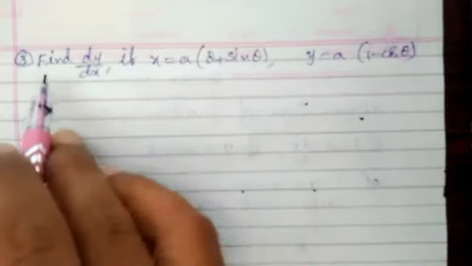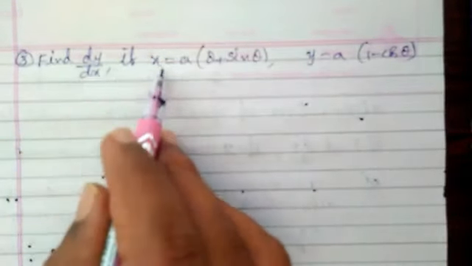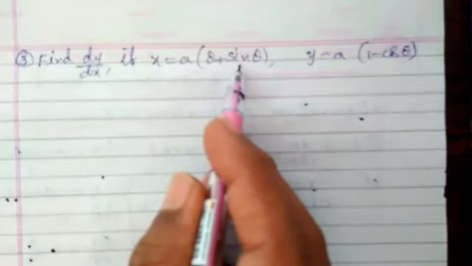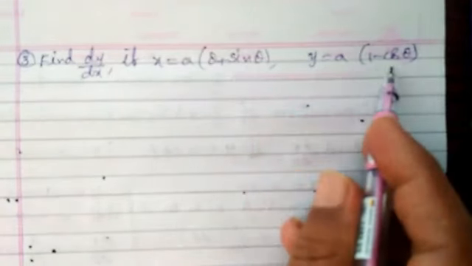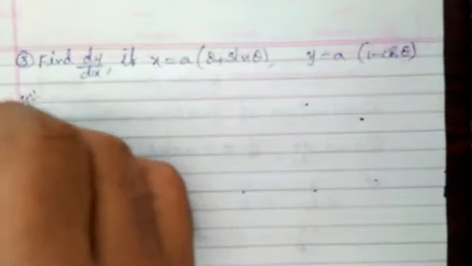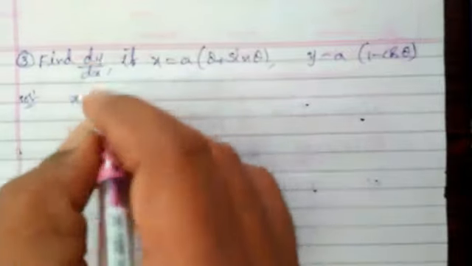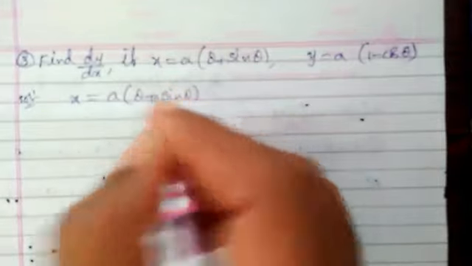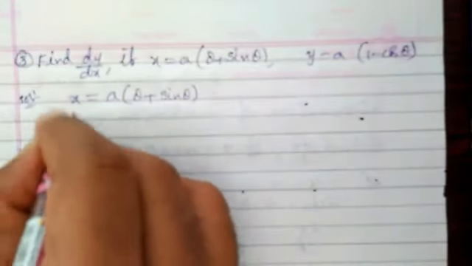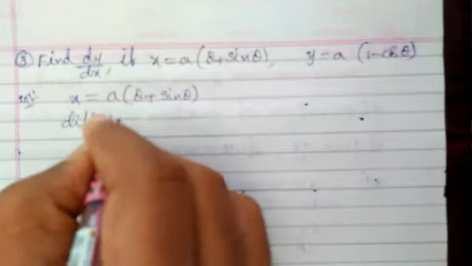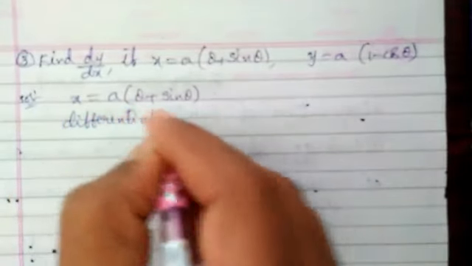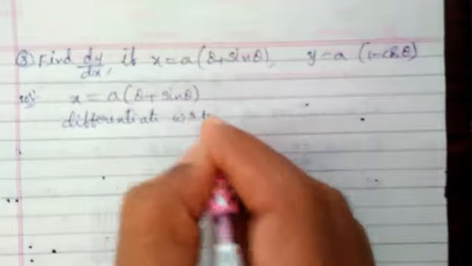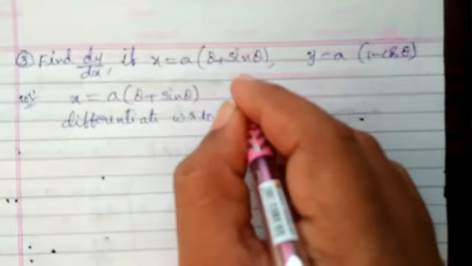The next one is find dy by dx if x is equal to a into theta plus sine theta and y is equal to a into 1 minus cos theta. First, x is equal to a into theta plus sine theta.